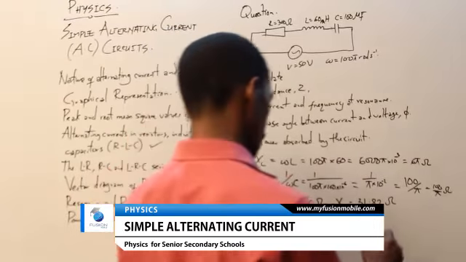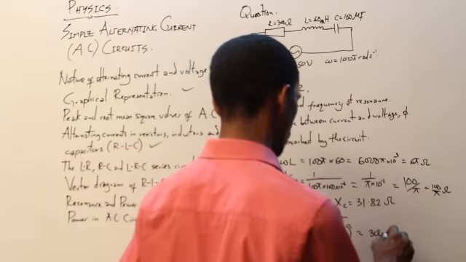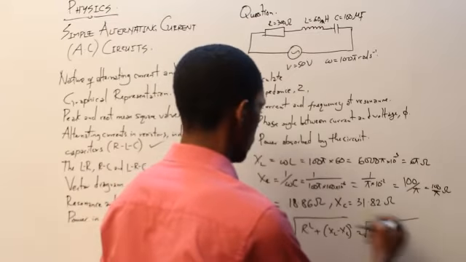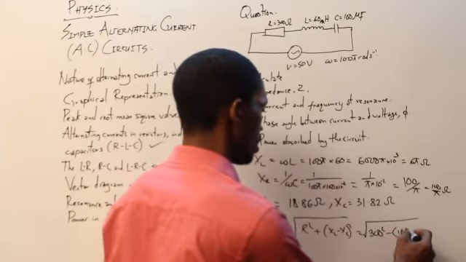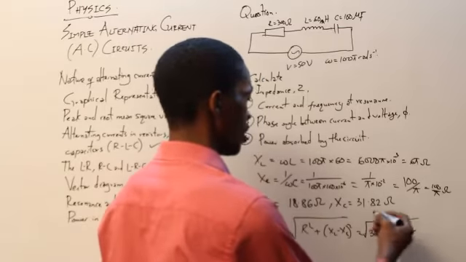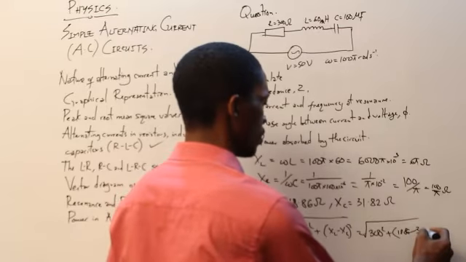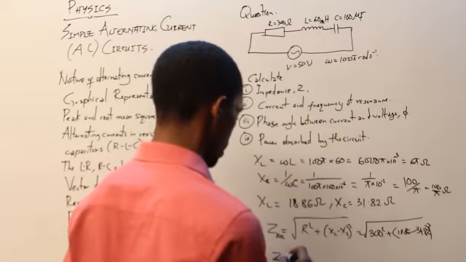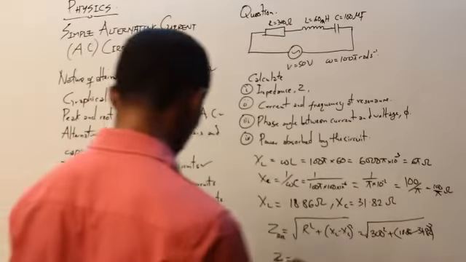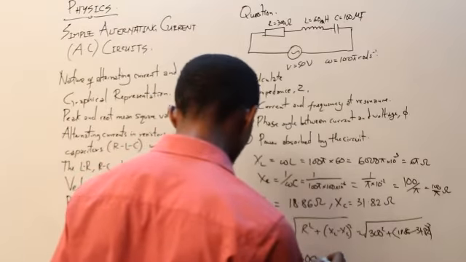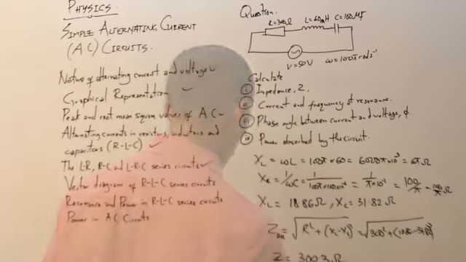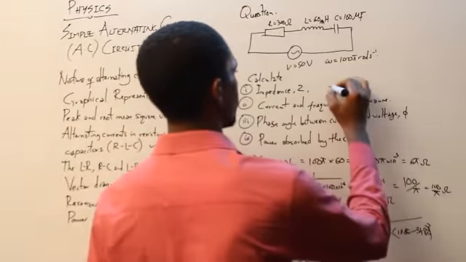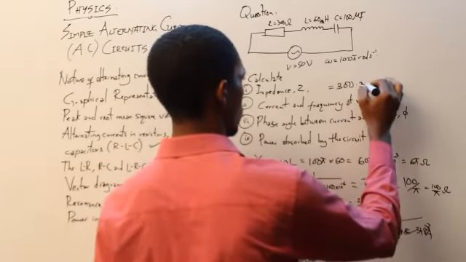So R squared is 300 squared, plus the bracket with XL as 18.86 minus XC as 31.82, all squared. Using our calculator, Z is 300.3 ohms. So our total impedance is 300.3 ohms.